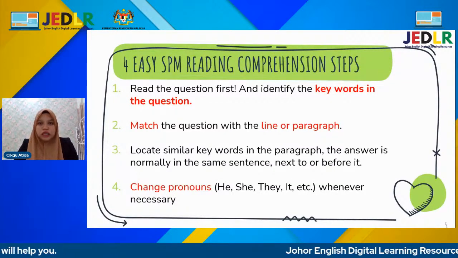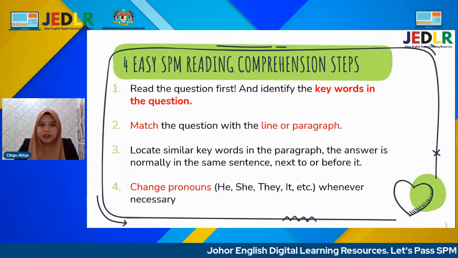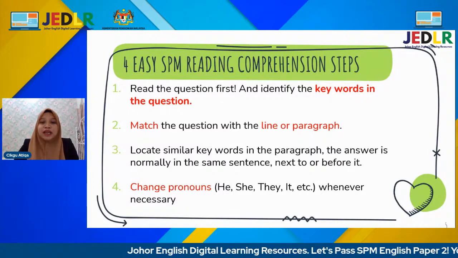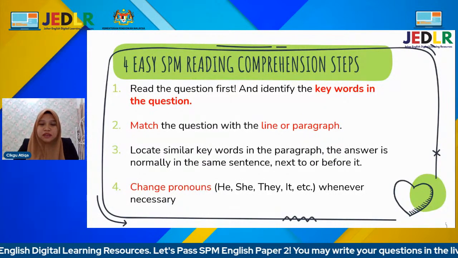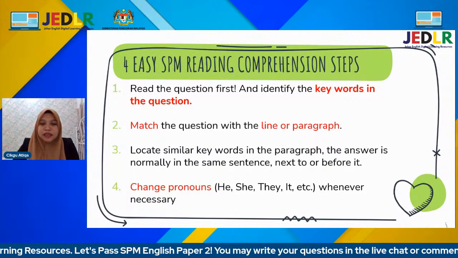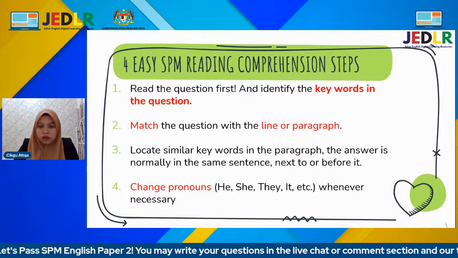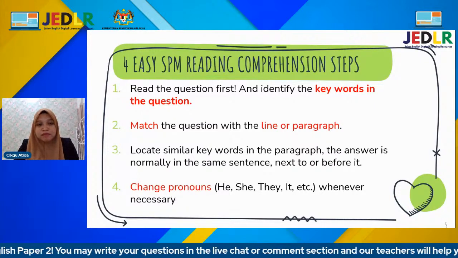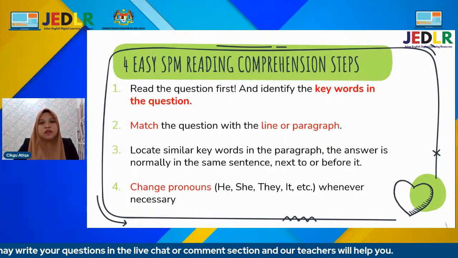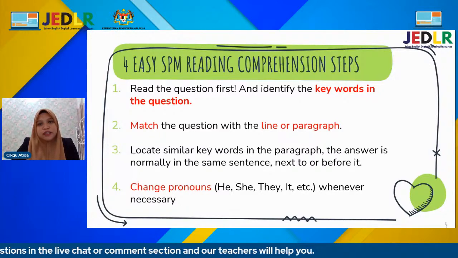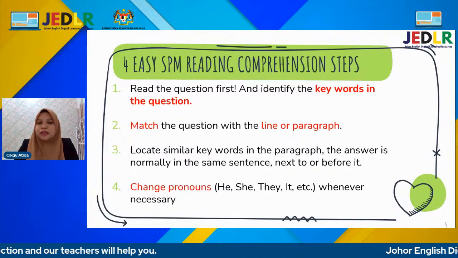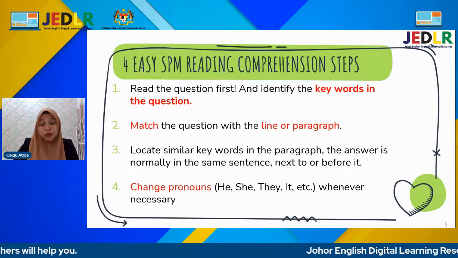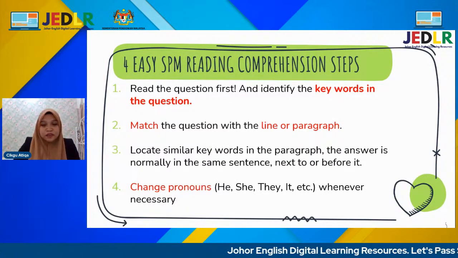Read, find keywords. After that, you match the question with the line or paragraph. Okay, padankan soalan dengan baris atau perenggan yang soalan itu mahukan. Okay, after that, since you have identified the keywords in the first step, you can now locate similar keywords in the paragraph because you have identified them in the question.